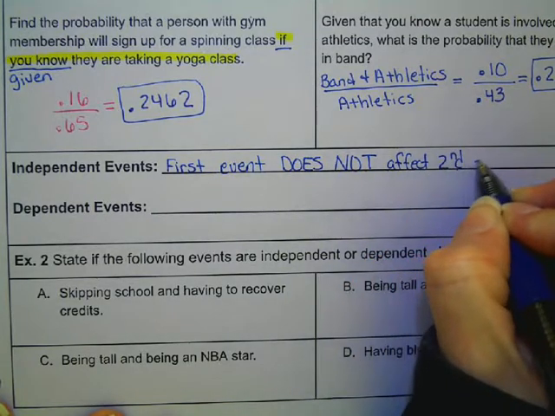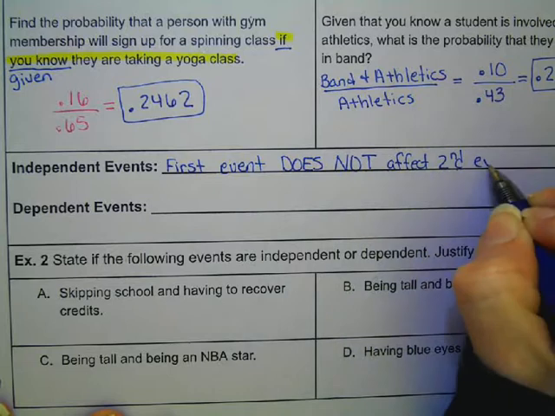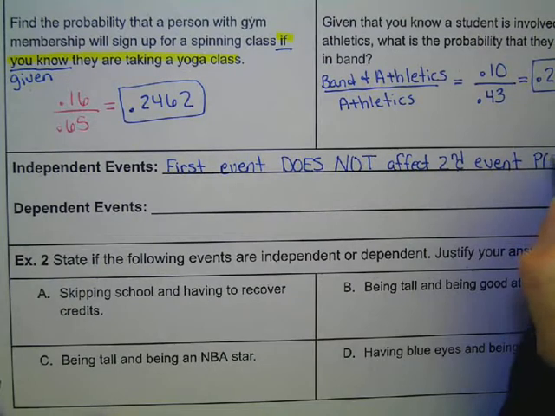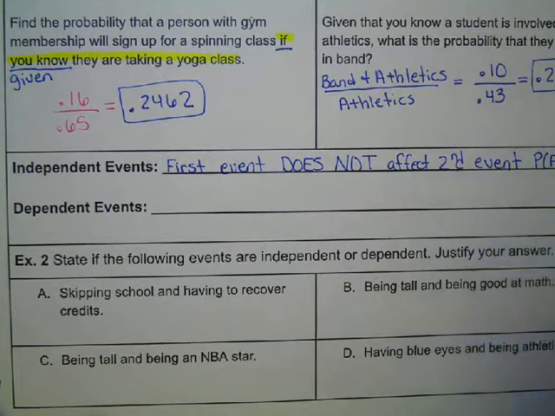I don't know why I put that D down there, sorry about that. Doesn't affect the second event. So they just say it's the probability of A times the probability of B. You just multiply the two probabilities together. Okay, they're independent of each other.